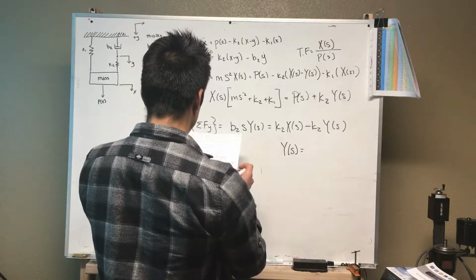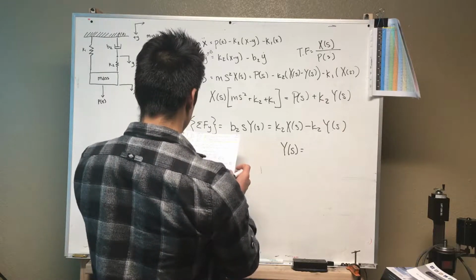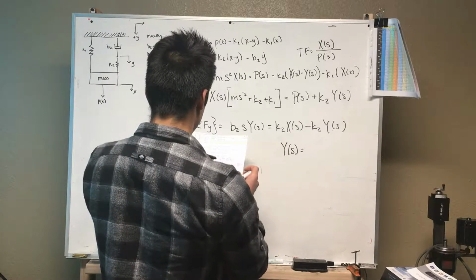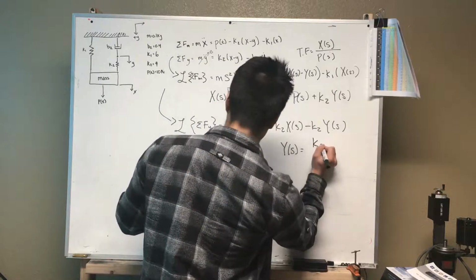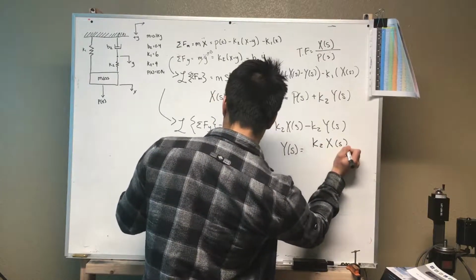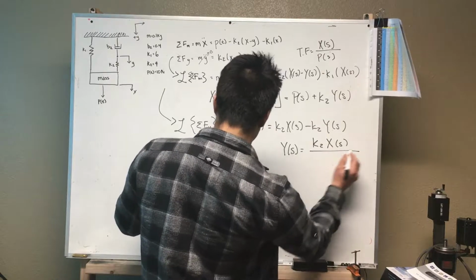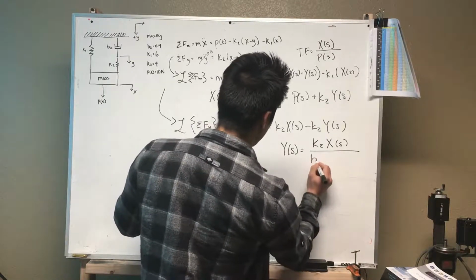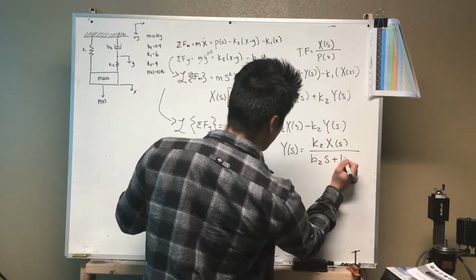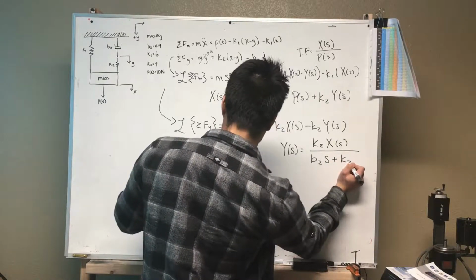Yep, Y(s) is going to be k2 X(s) over (b2 s plus k2).